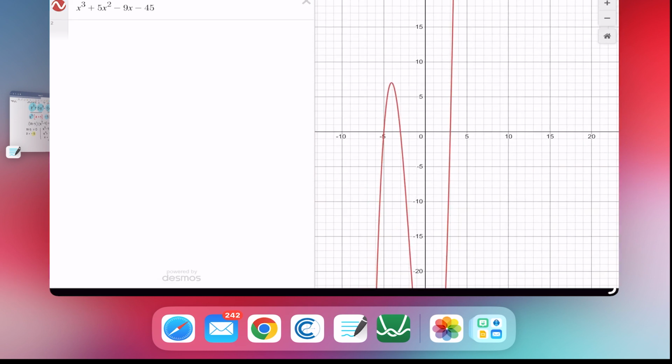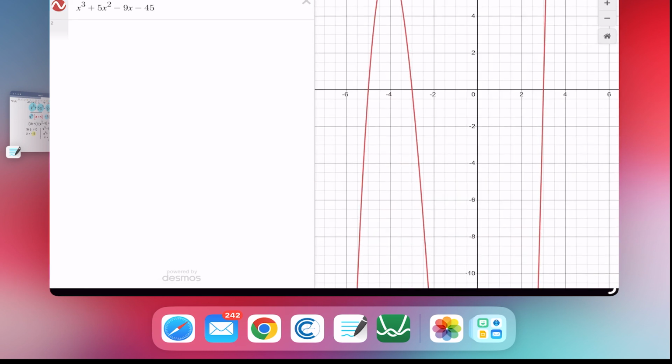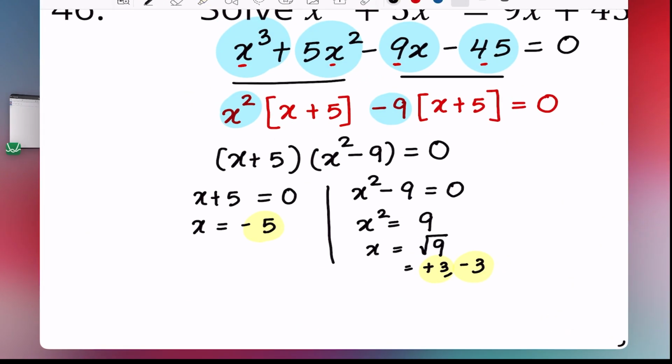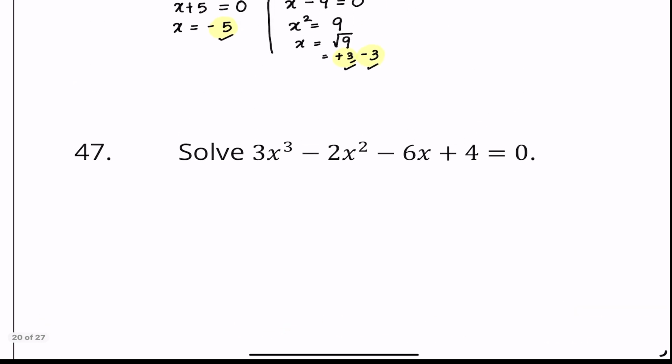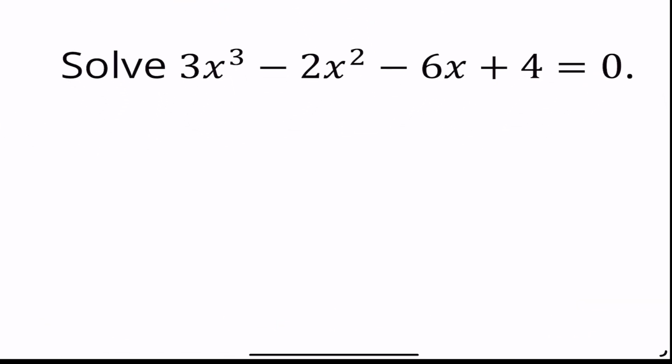And once I do that, I'm going to expand and take a look. -5, yes, I have that. -3, yes, I have that. +3, yes. -5, check. -3, check. +3, check.